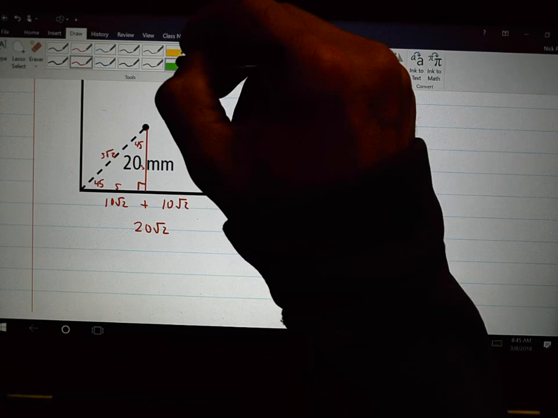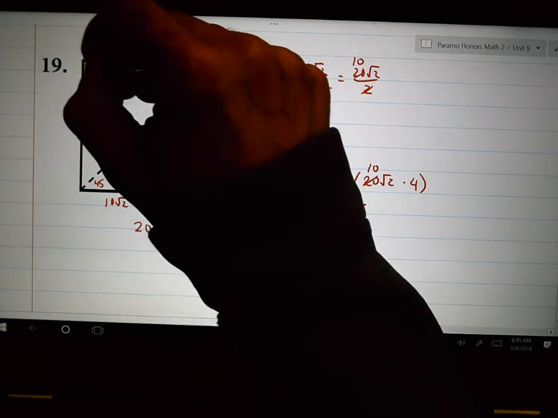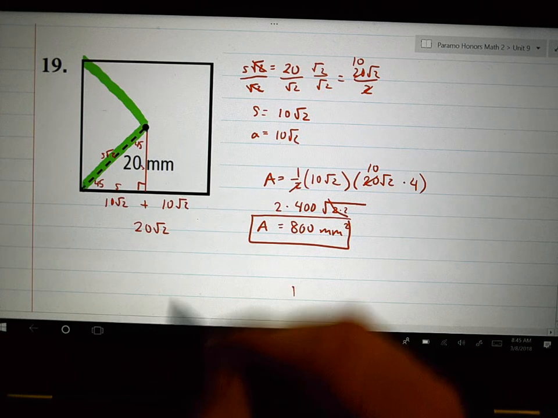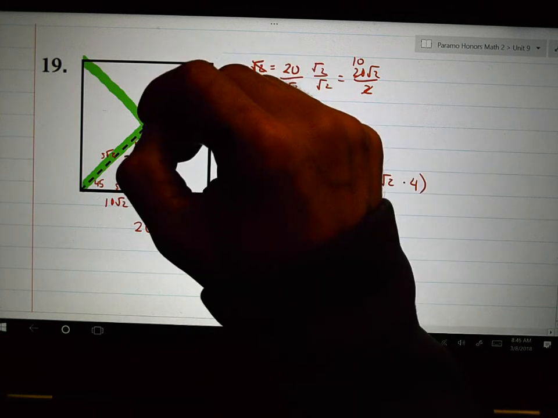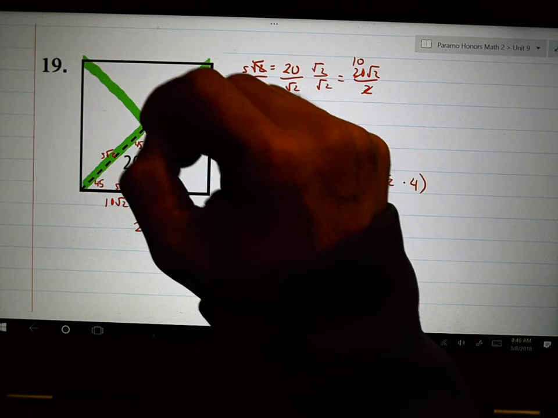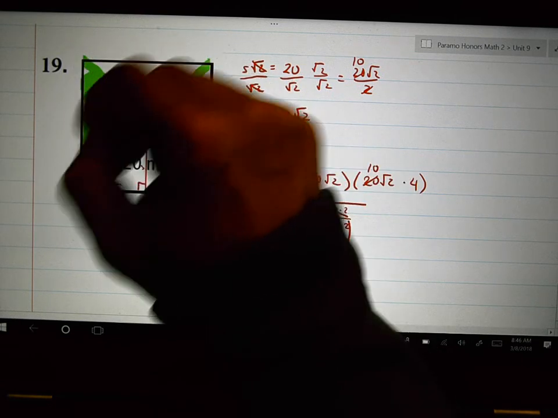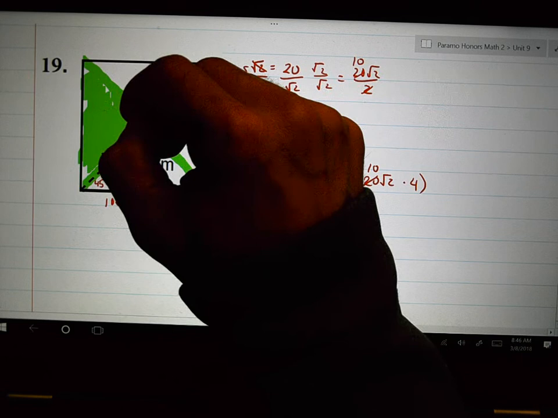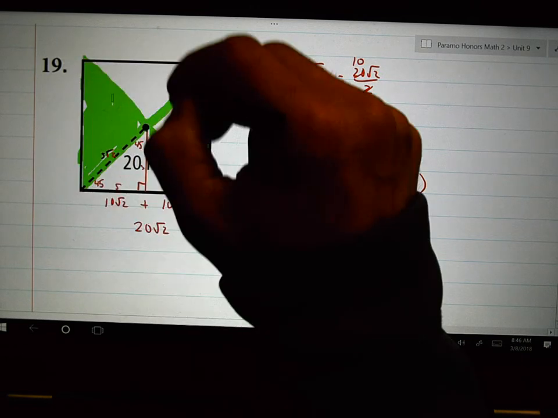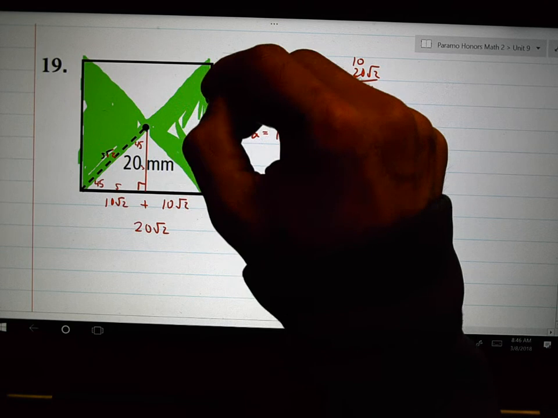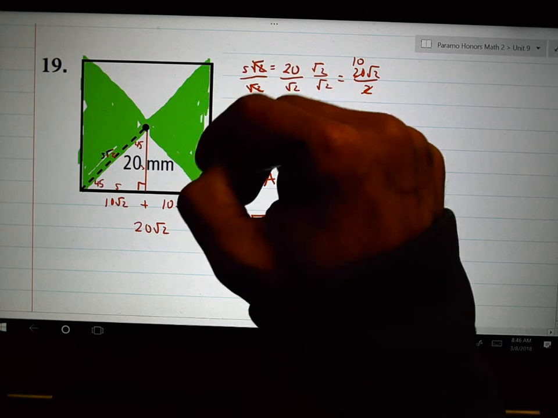If I were to highlight from here to here and here to here, and from here to here and here to here, color this in. Just because I see it this way, maybe you don't, and I want you to see this through my eyes.